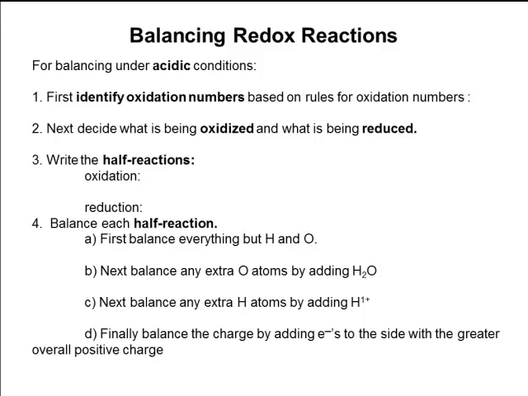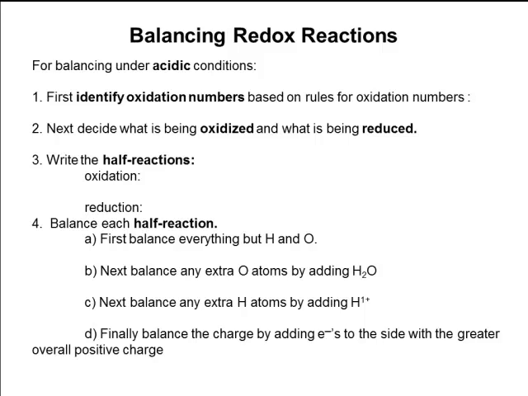Redox reaction is going to be a reduction-oxidation process. That's why we call it redox. The overall reaction, though, is going to be a combination of these two individual half reactions. Once we decide what the half reactions are, we're going to have to balance those half reactions. When we go to balance those half reactions, we need to balance everything but hydrogens and oxygens first, just like we normally do with an unbalanced equation.